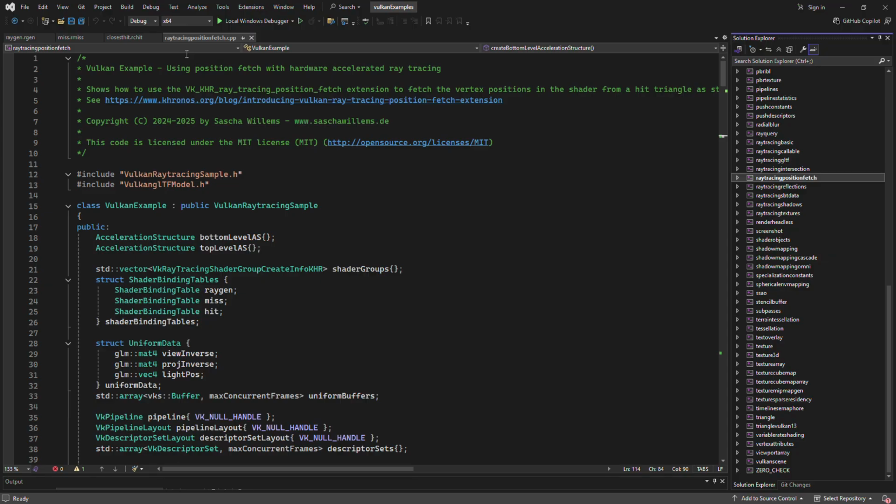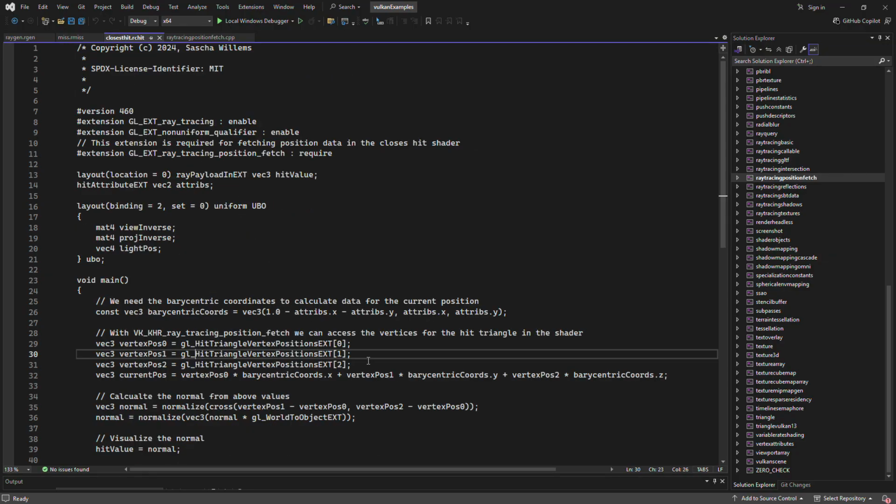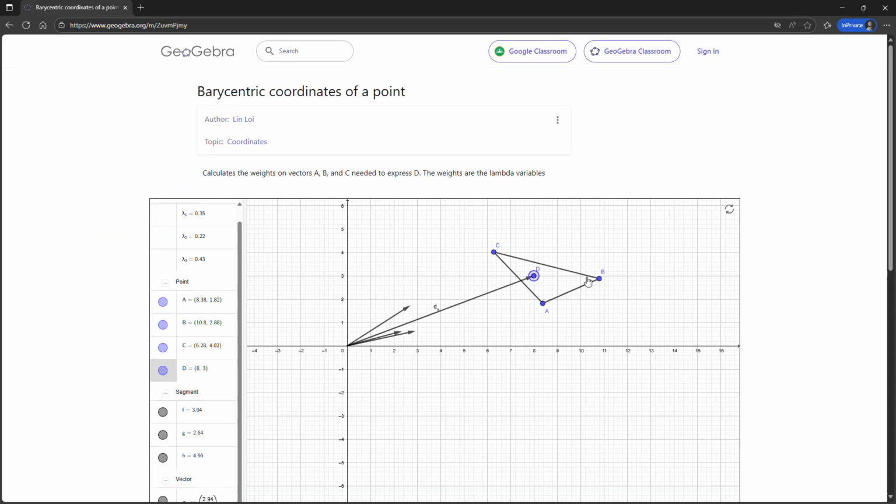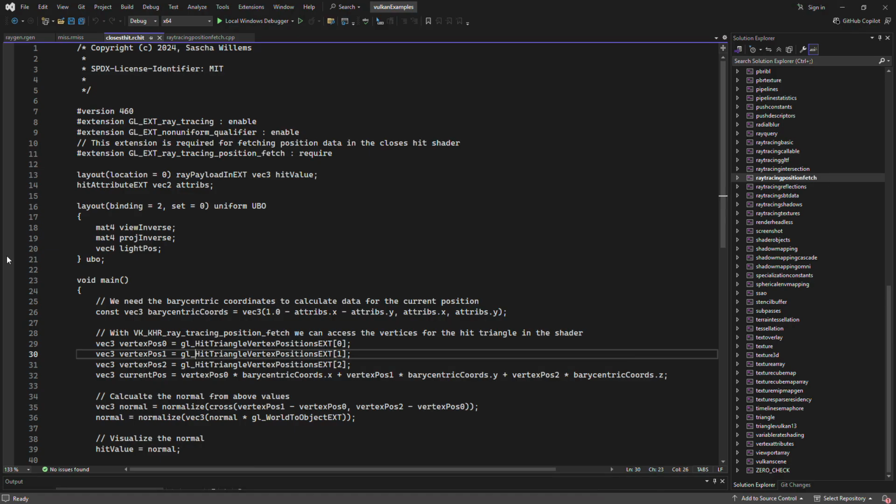It made it very easy for programmers to pass this information in. Otherwise, there's all kinds of complications, descriptor sets, descriptors, memory stuff. You probably have to deal with stride and all that stuff. This extension made it easy for people who needed the actual vertices of the triangle to be able to do so.